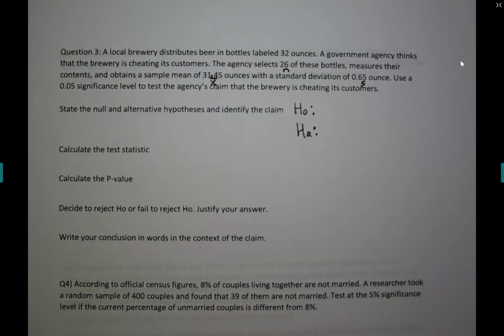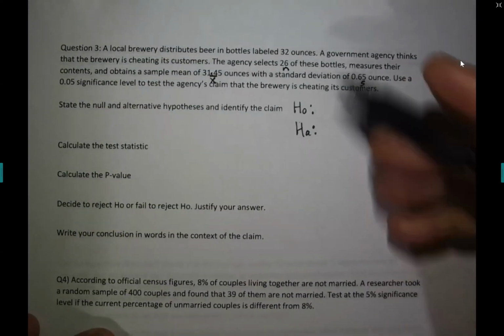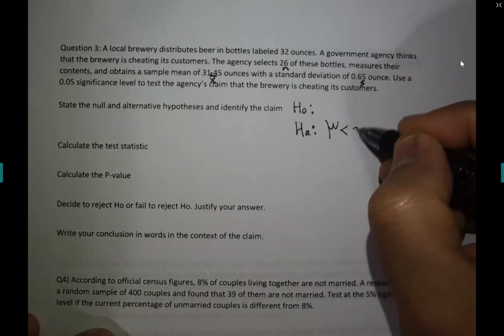If somebody wants to buy 7 pounds of fruit from you, and you give him 7.5, that's not cheating. You're just being generous here. But you give him less than 7, that's cheating. So cheating, guys, means less than. I can see the argument for equal or not equal to, but remember, it's cheating. And cheating has to go below what they're supposed to give. So it's going to be mean is less than 32 ounces.